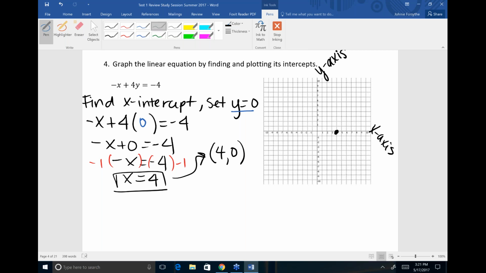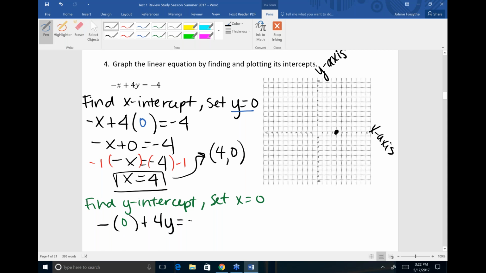Now, to find the y-intercept, you're going to make x equals 0 and solve for y. So I'm going to have negative times 0 plus 4y equals negative 4.